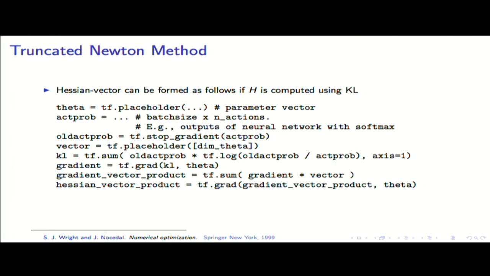But let's say theta is just a flattened vector of everything. So we use theta and apply the neural network parameterized by theta to get action probabilities. This is a symbolic expression for the action probabilities, a matrix with batch size times n actions elements in it.